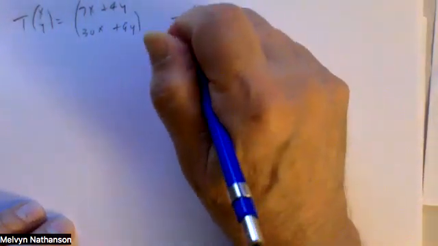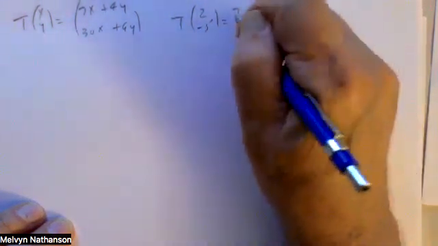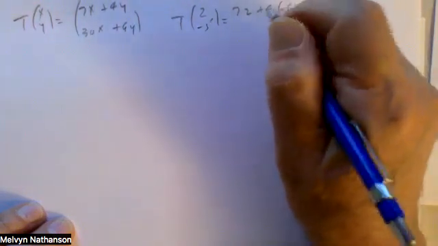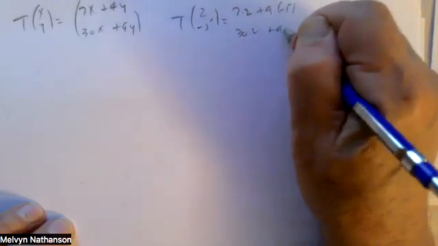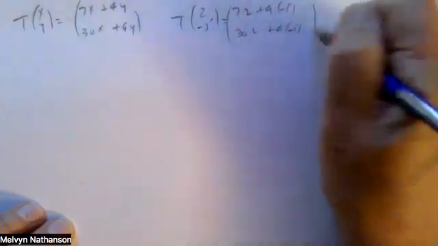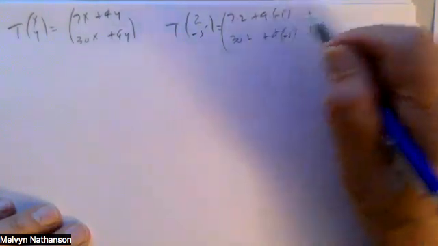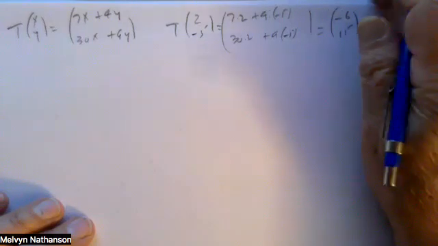So T applied to the vector 2, minus 5 is 7 times 2 plus 4 times minus 5, 30 times 2 plus 9 times minus 5. This is 14 minus 20, which is minus 6. This is 60 minus 45, which is 15.